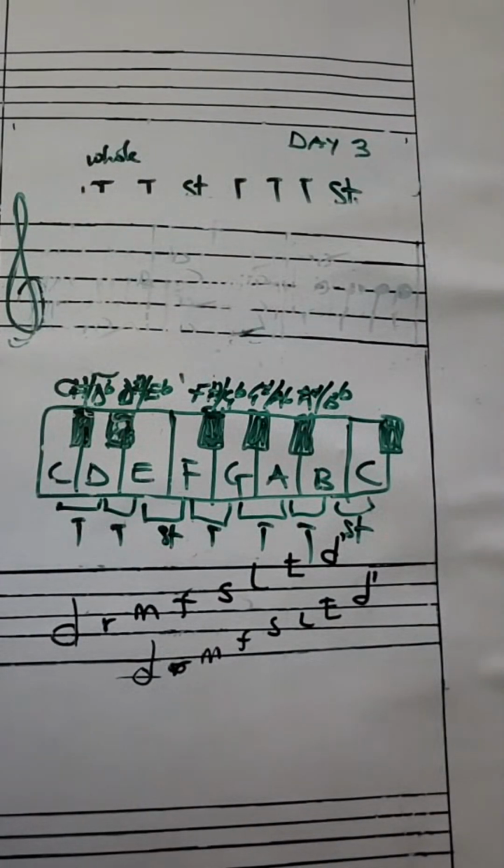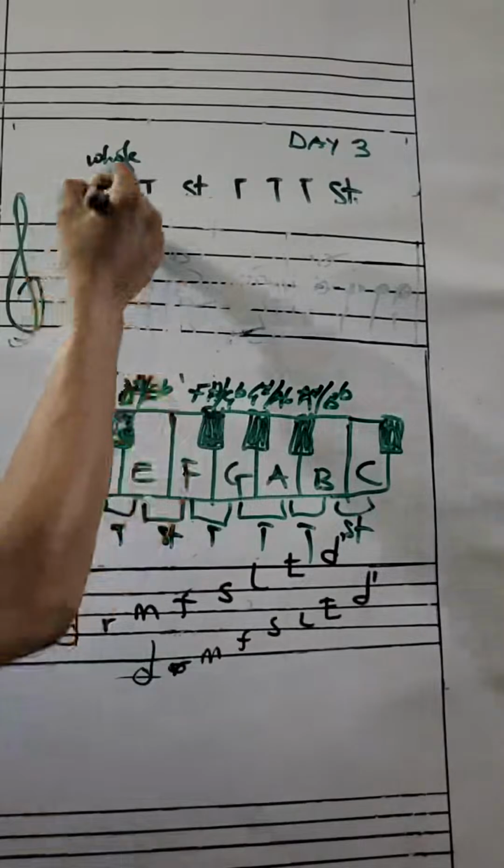The scale is a series of musical notes that are arranged in both ascending and descending order. The most common type of scale is our major scale, which is built like this. Tone, tone, semitone is the major. It is very common.